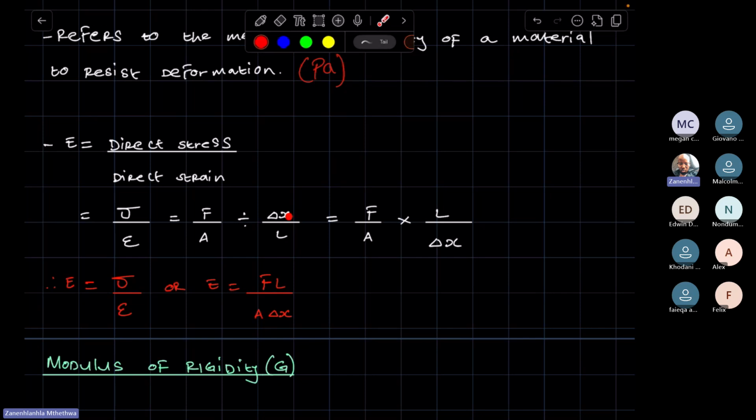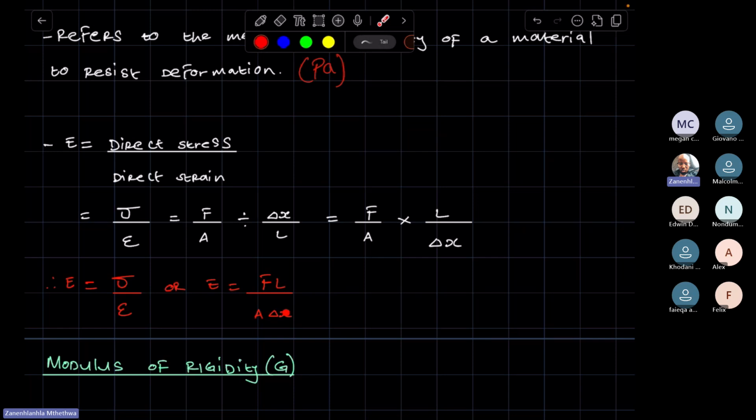By inverse, I mean the denominator becomes the numerator and the numerator becomes the denominator. That is how this comes about. So essentially, this means Young's modulus of elasticity is equal to force times the original length of the material, divided by the area of the material times change in x.